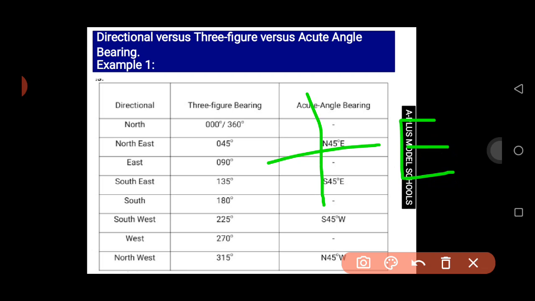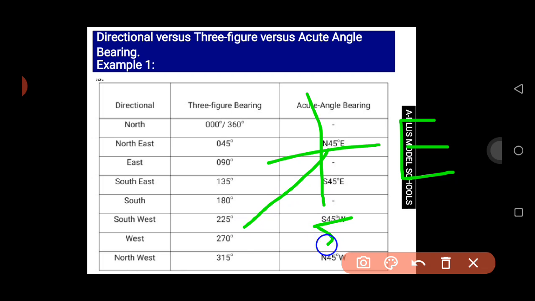You add a 0 to the number, making it 3-digit bearing, or 3-figure bearing rather. Then for the acute angle bearing, it will not have an acute angle bearing because it is falling on the major cardinal point.